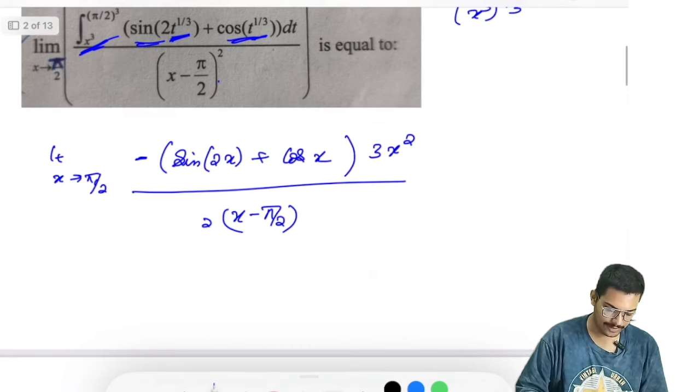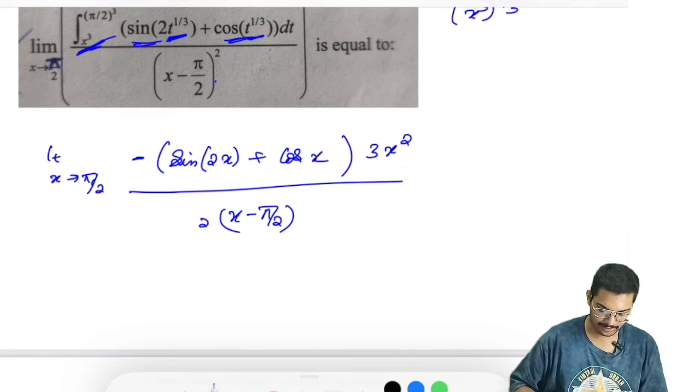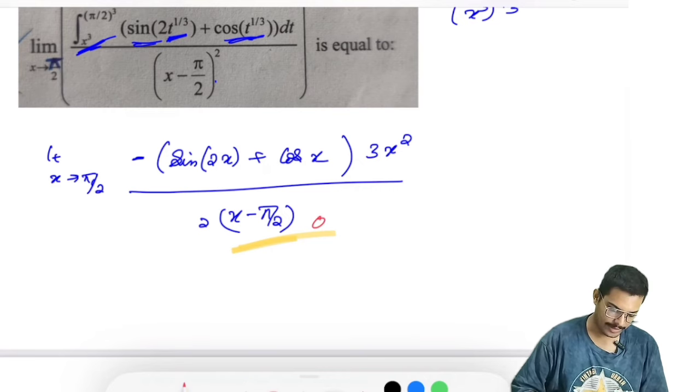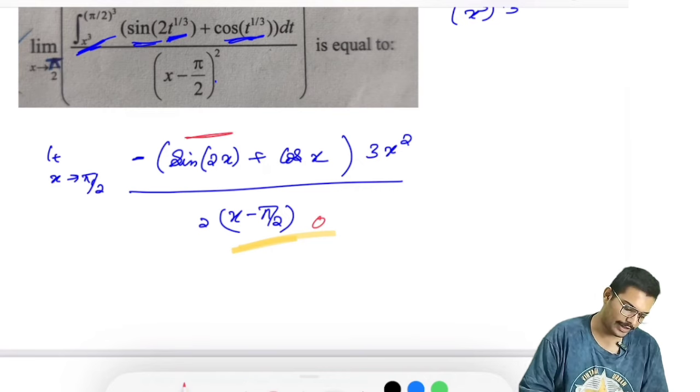Now again, if you put x equal to pi by 2, the denominator is 0, it's clear. This term becomes 0, x minus pi by 2 is 0. Sine 2 into pi by 2, sine pi is 0, and cos pi by 2 is 0. So it is again 0 by 0 form. But instead of applying L'Hopital rule directly, we can simplify this first.